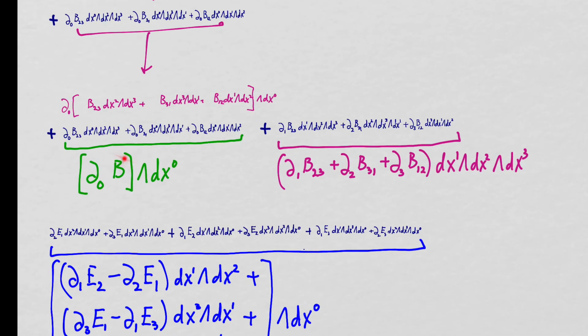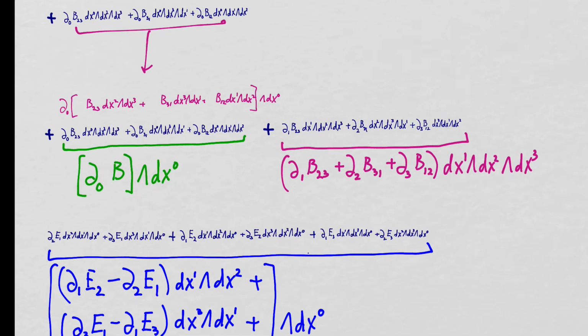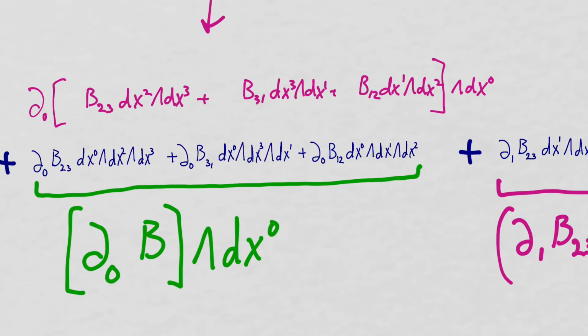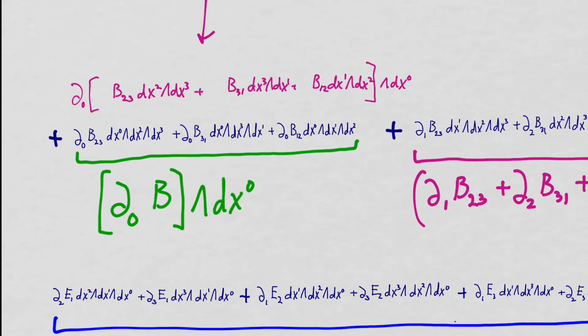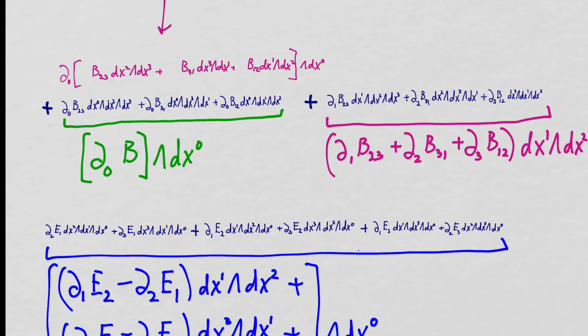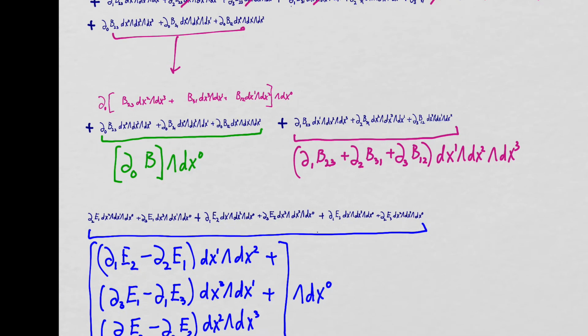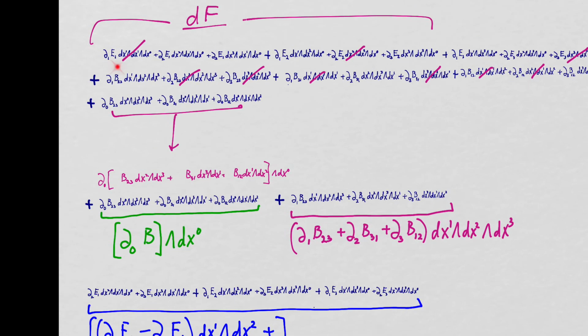But notice over here, you don't have a purely spatial 3 form, right? You've got 3 forms that have space parts and a time part tacked on at the end. So these guys have a time piece and these guys do not. And then we take what's left over from the electric field.